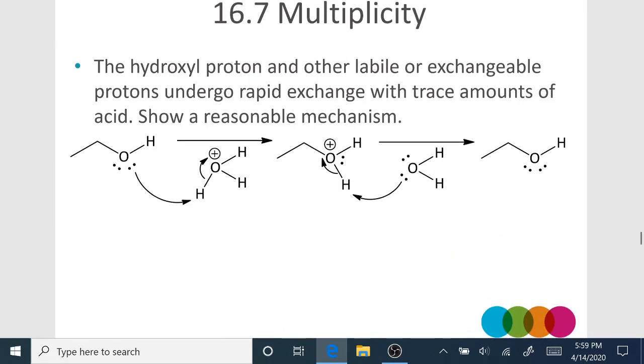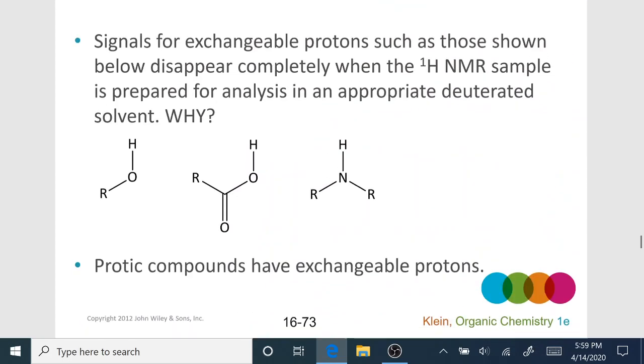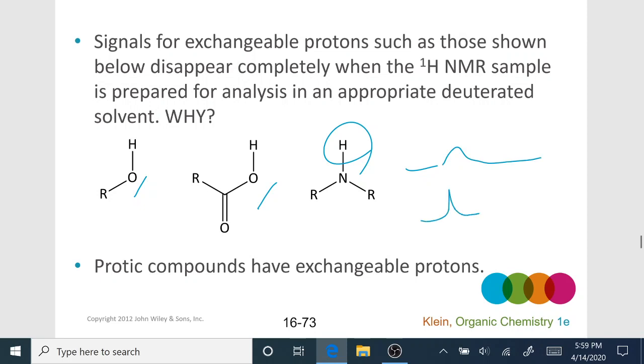But because of this exchange, you're not going to see splitting across the oxygen. So you have hydrogen bonding or exchange, which occurs in alcohols, in acids, and in amines, and all of these will usually give you a broad signal. If they're sharp, they may be sharper in a non-protic solvent, but at any rate, they generally don't split across the atom that's connected to them.